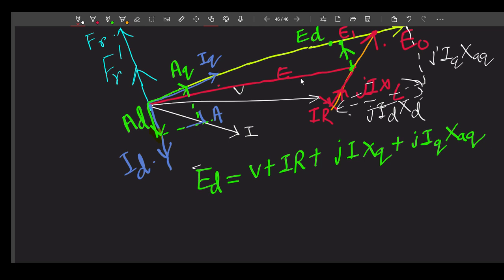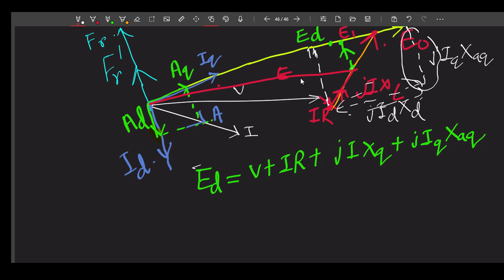When we draw a perpendicular on this, obviously this perpendicular ED can further be explained like if we shift this jIXQ here, from the tip of IR, if we draw a perpendicular, then what would be the height of this perpendicular?